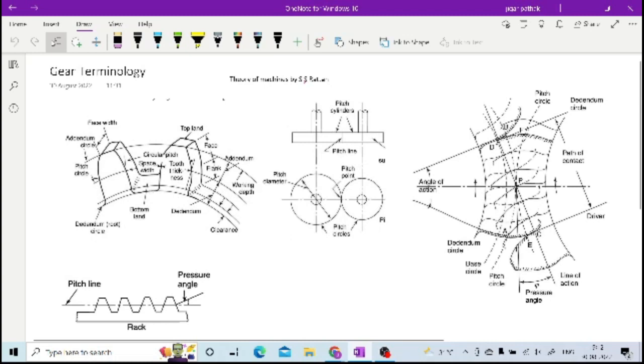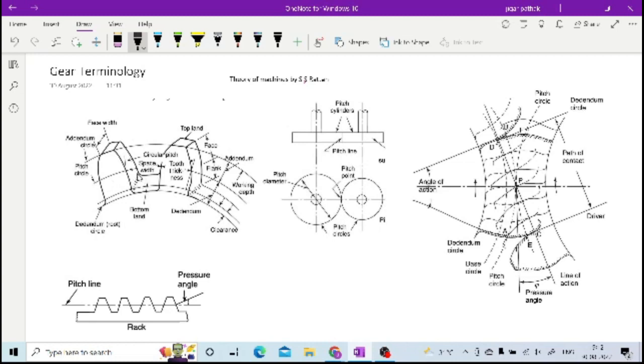Whenever you are having two mating gears, you can see it is already mentioned here. I need not draw this. You can see here every time the pitch circles of the mating gears are in contact with each other. So this is how you are having the pitch circle.